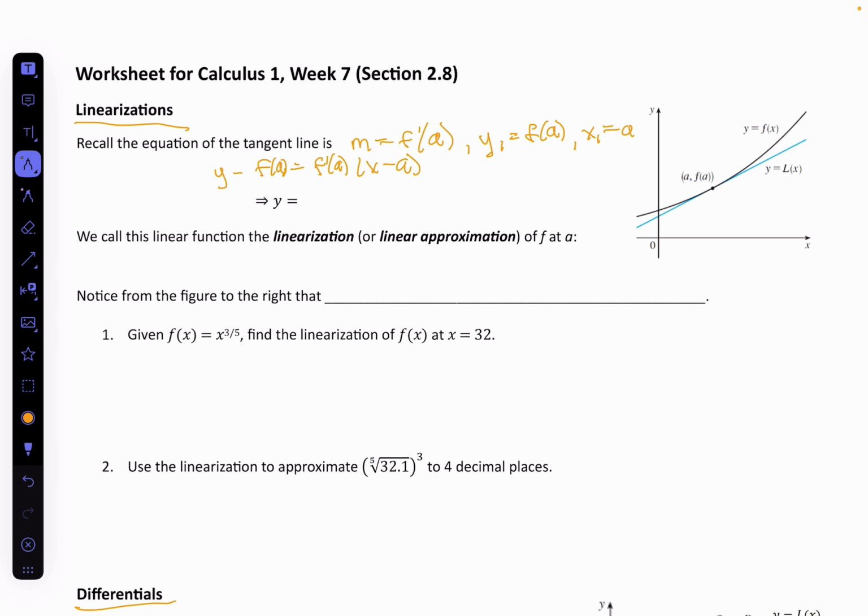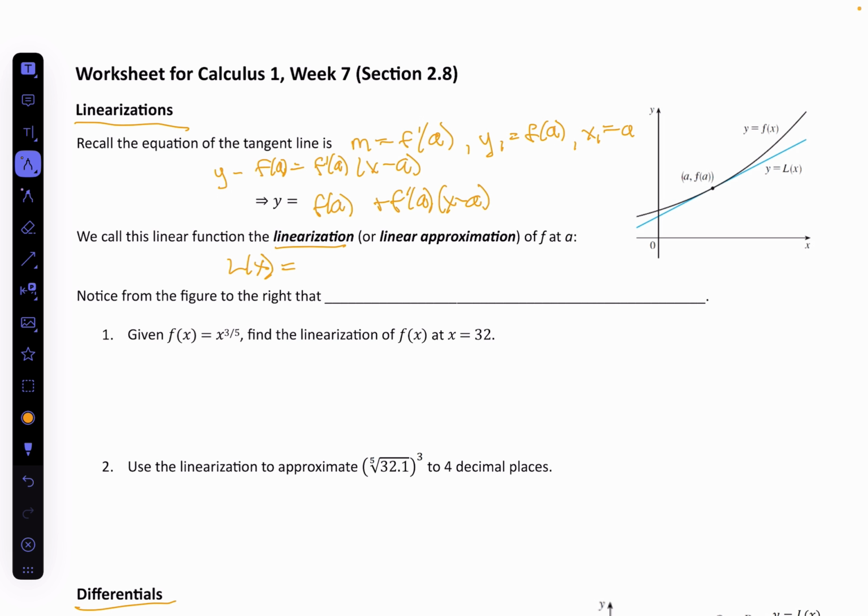And now if we solve for y, we get f of a plus f prime of a times x minus a. And this function here is called the linearization, or a linear approximation of f at a. And since we call it a linearization, we normally denote it with an L of x.